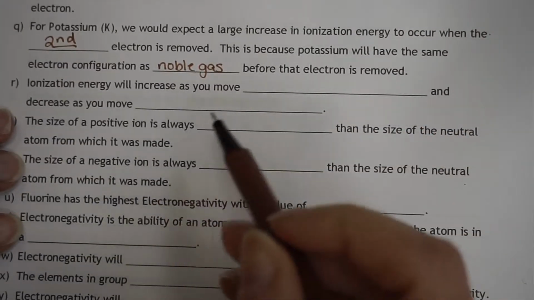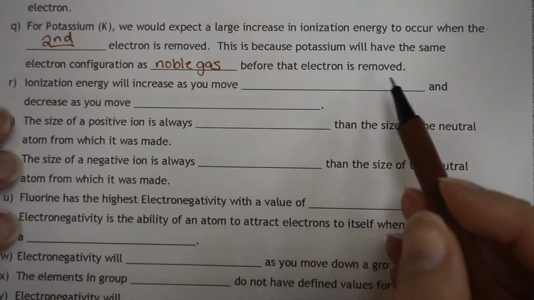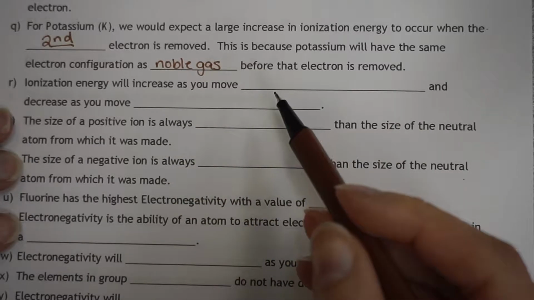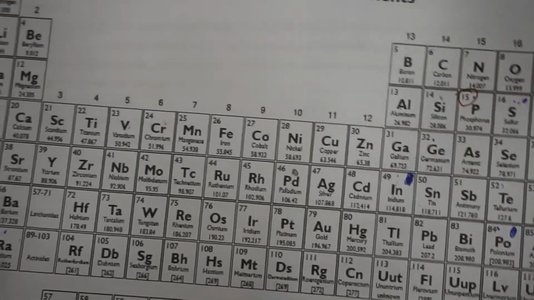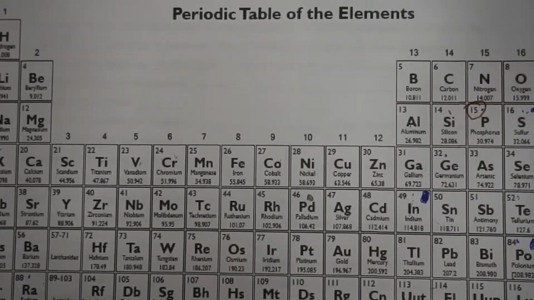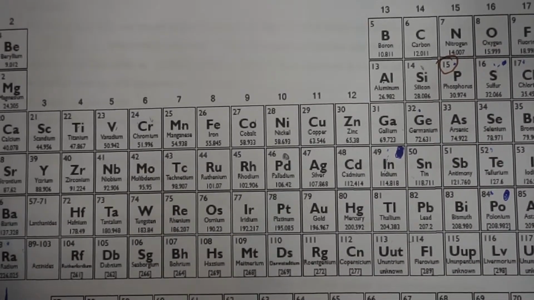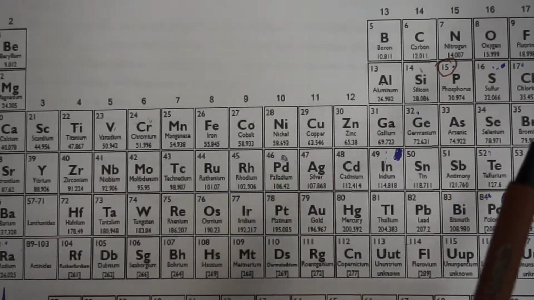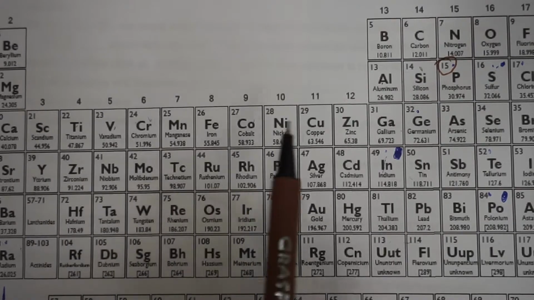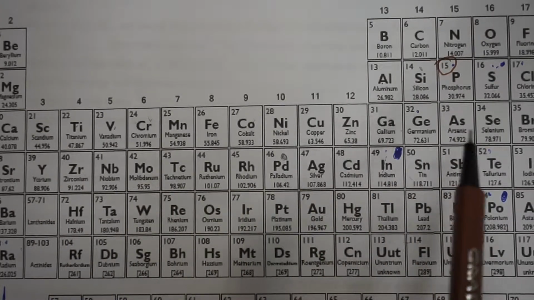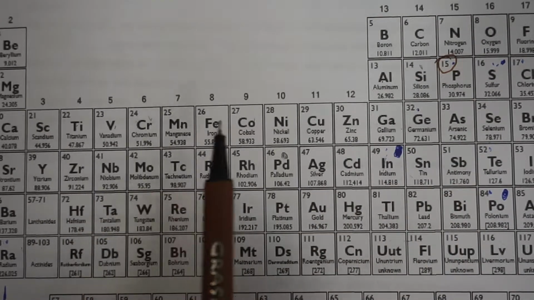All right, so ionization energy will increase as you move blank and decrease as you move blank. You just kind of have to know the trends. So it increases as you move across the period. The reason it increases as you move across the period is exactly the same reason that your atomic size decreases.